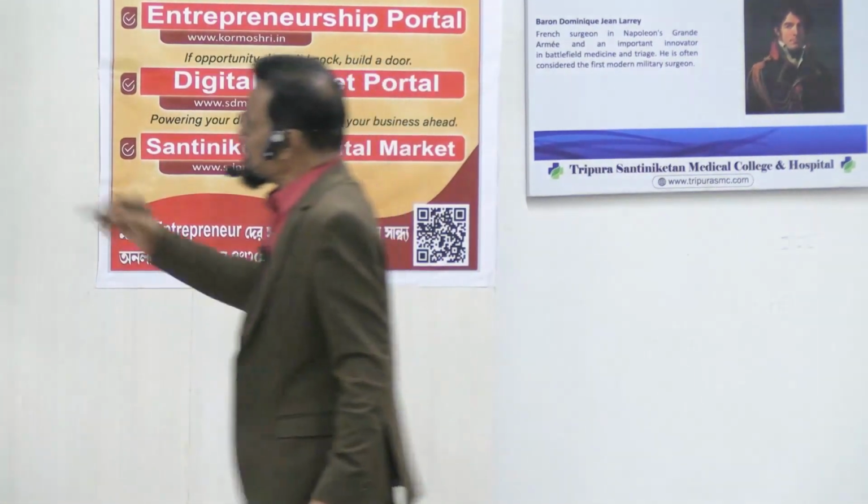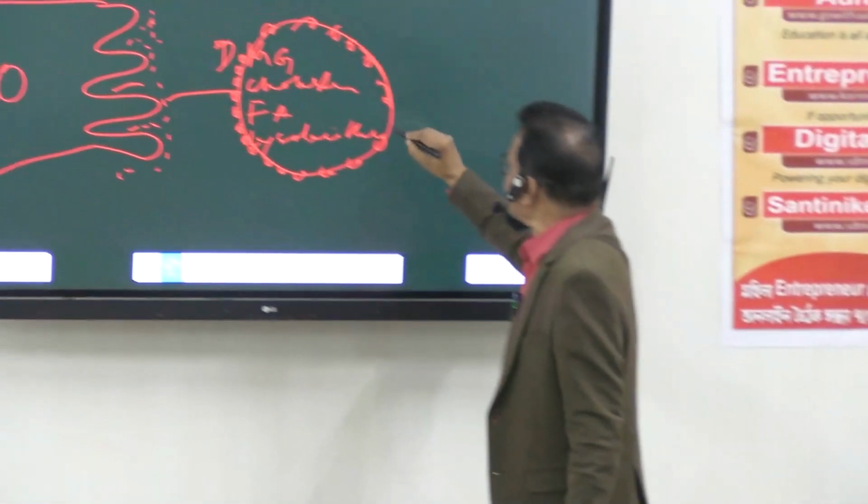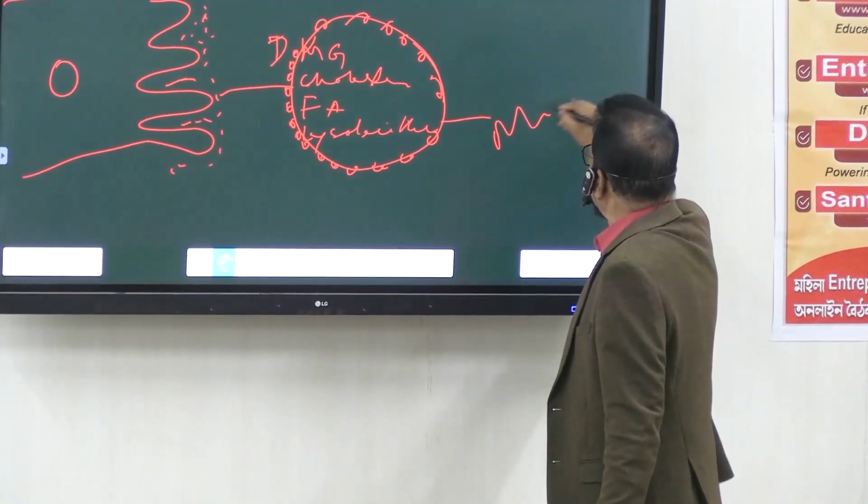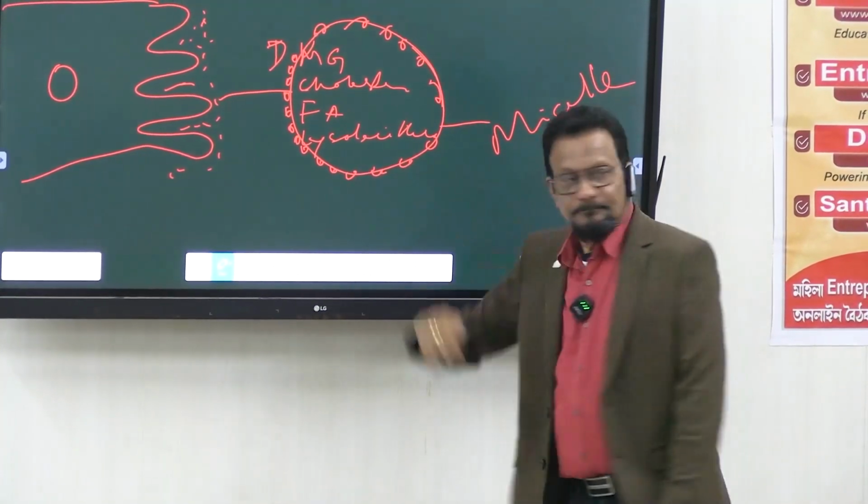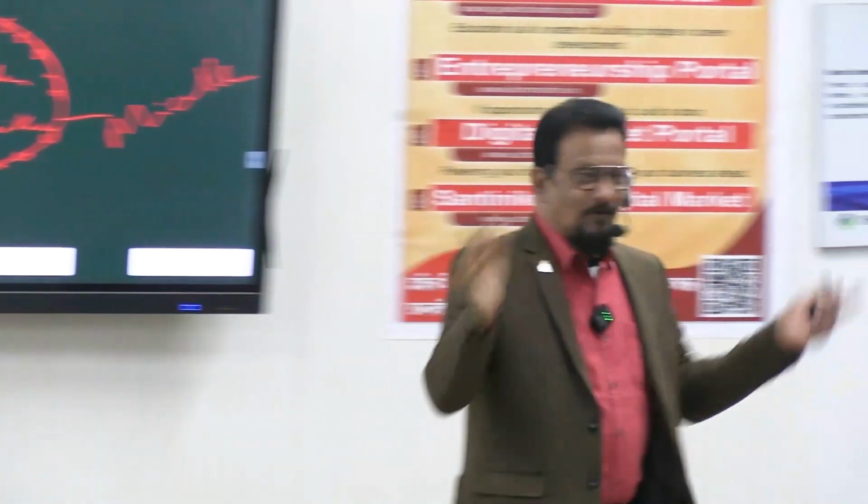When these are encircled, this is called a micelle. Now the micelle is formed.